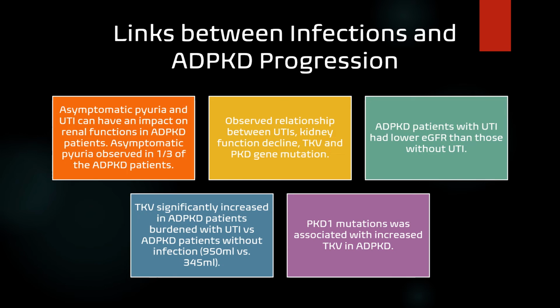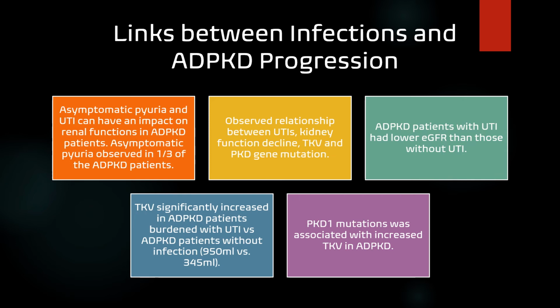And ADPKD recipients with UTI tend to have a lower estimated glomerular filtration rate than those without urinary tract infections, and total kidney volume has significantly increased in ADPKD recipients impacted with urinary tract infections versus those without infections.